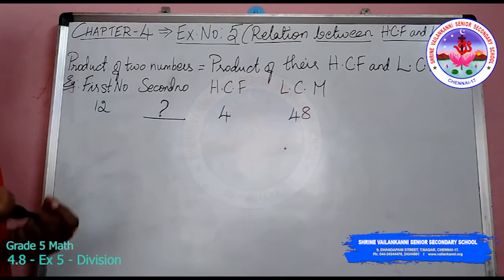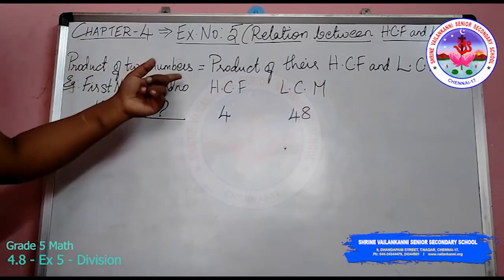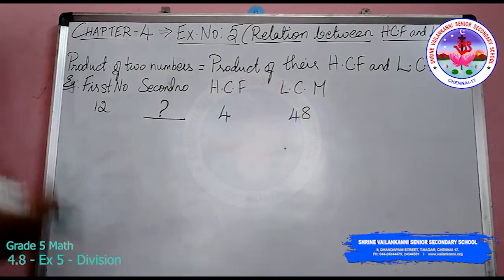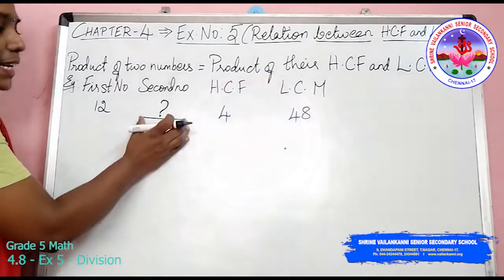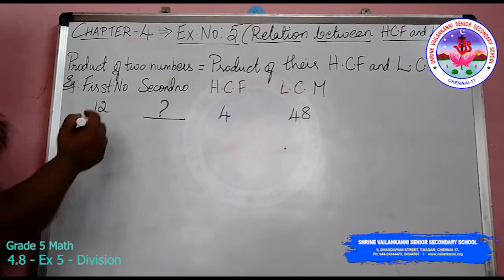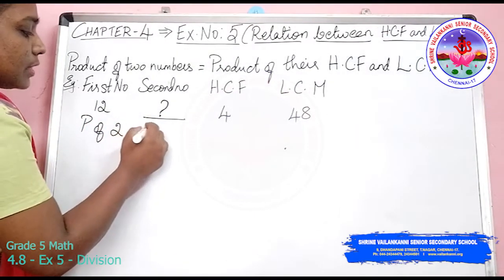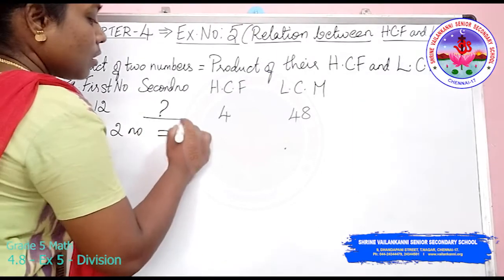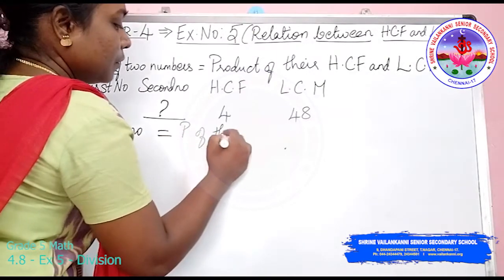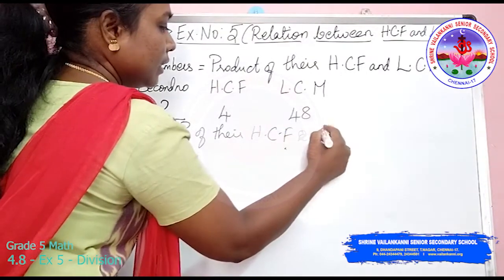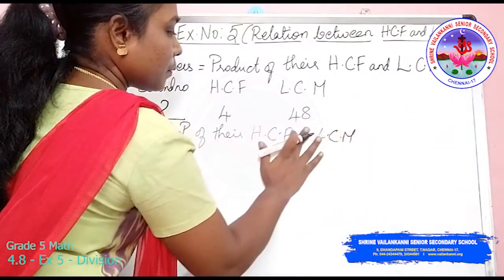So using the formula, the product of two numbers is equal to the product of their HCF and LCM, we are going to find the value of the second number.